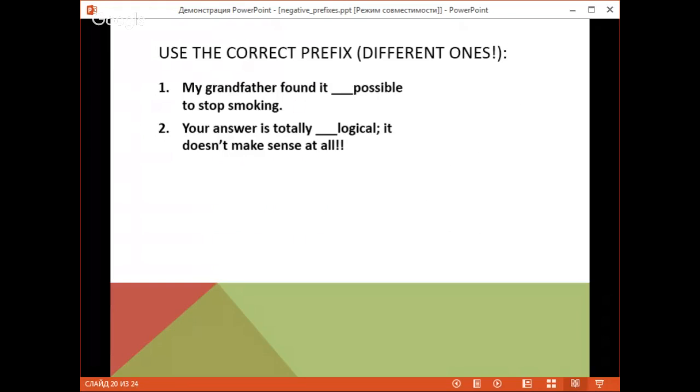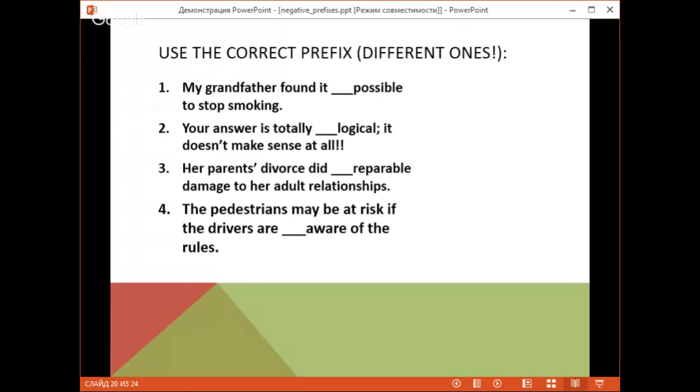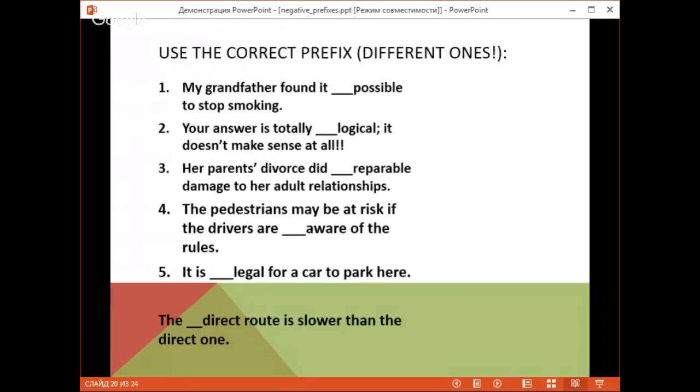Your answer doesn't make sense. Yeah, number 3. There was damage because of divorce. Number 4. The drivers just don't learn the rules, they don't know them. And number 5, you just can't park your car here. And number 6, excuse me, there is no number.